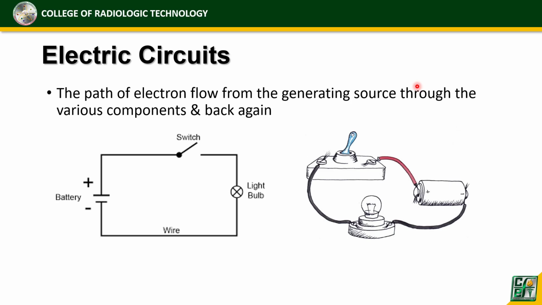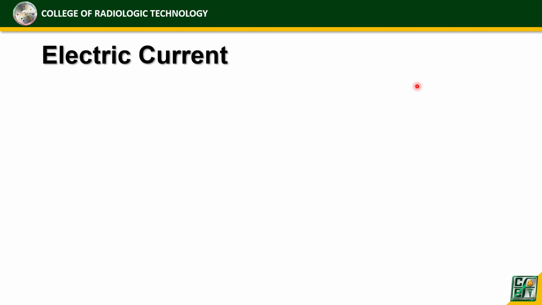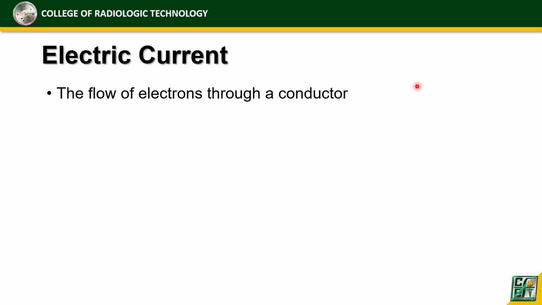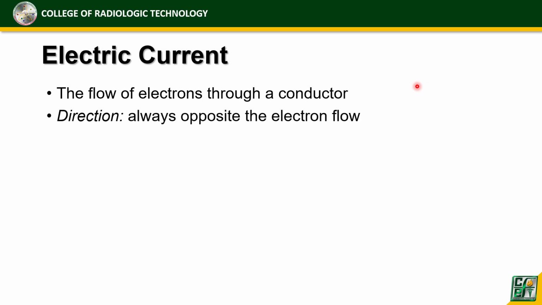So, let us continue. So, electric current, anong unit ng electric current? So, it is the flow of electron through a conductor. So, ang kanyang unit ay anong unit ng electric current?